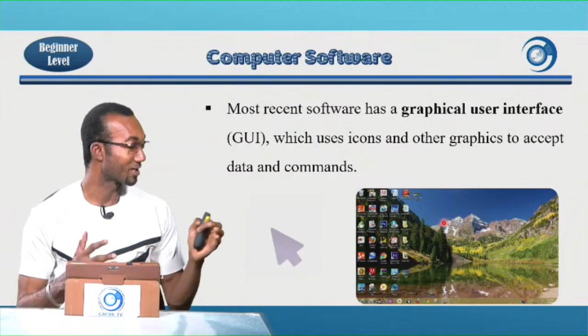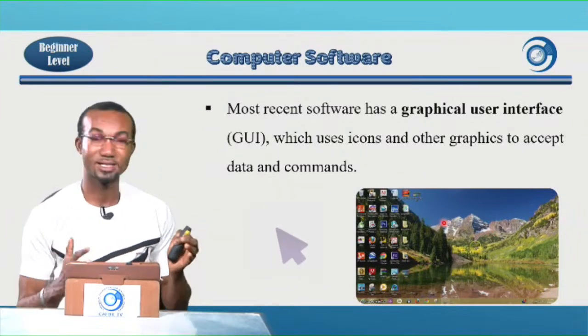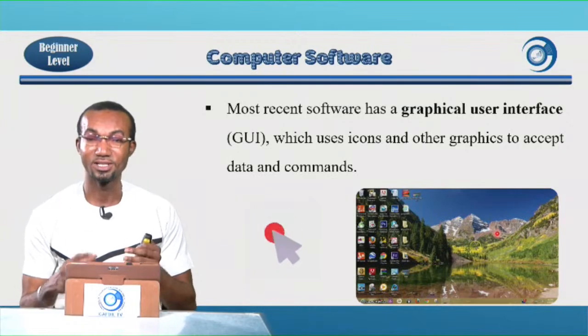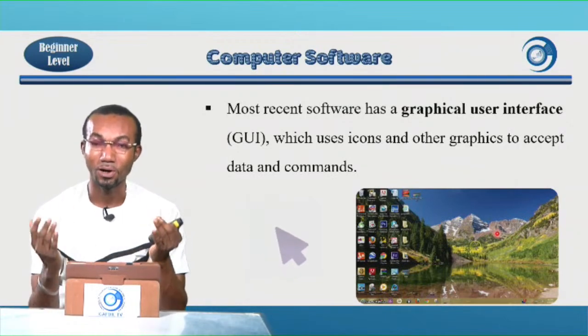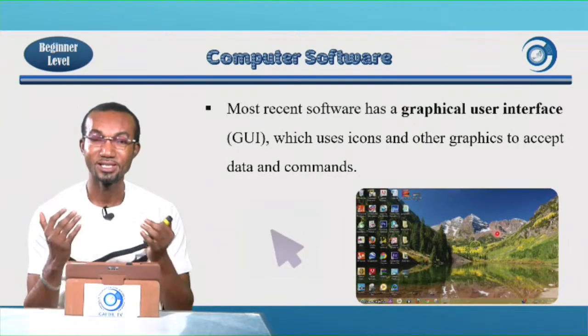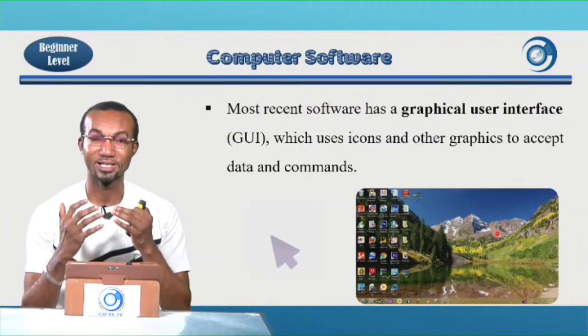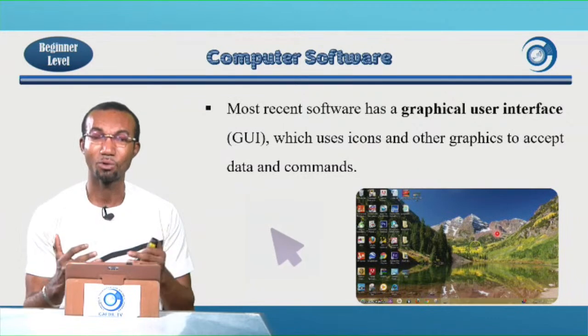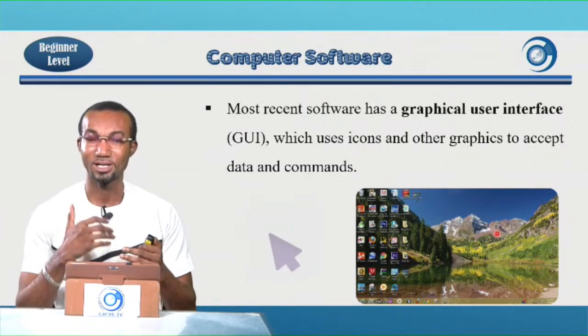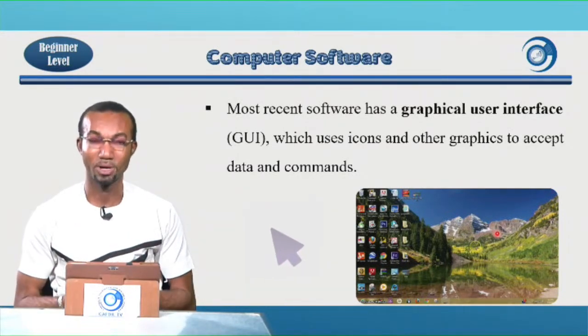You have some graphic here, some nice landscape here. You can even insert your own photo in the background. All these are possible because of what we call the graphical user interface. It uses icons and other graphics to accept data and commands.